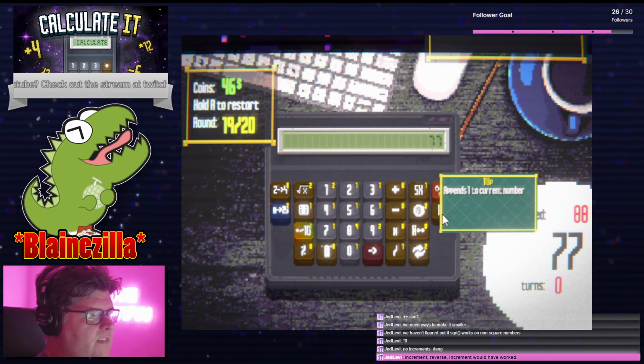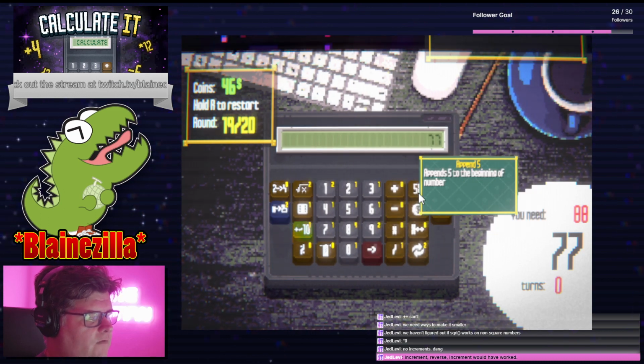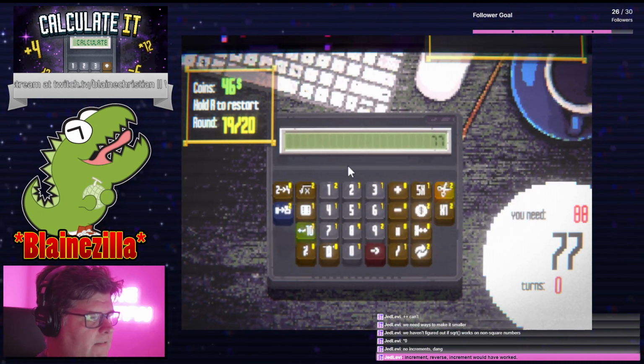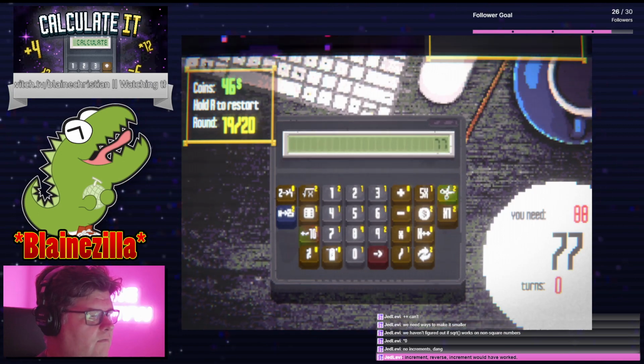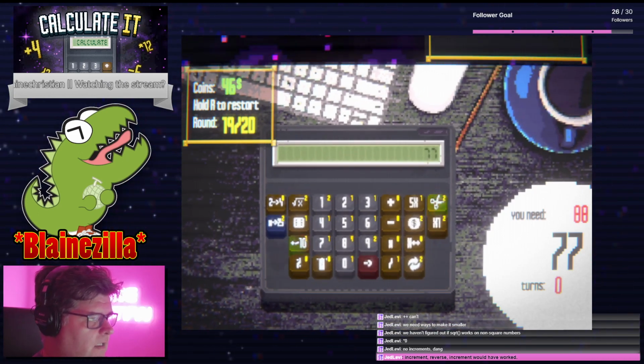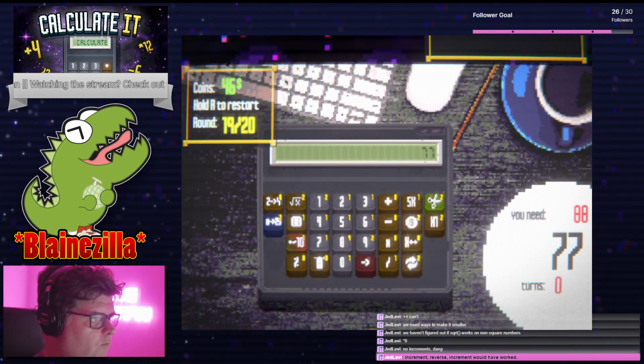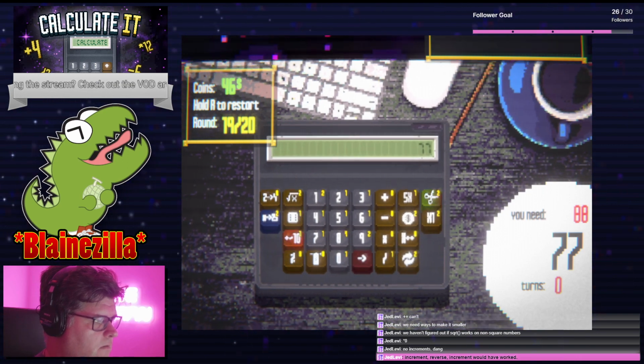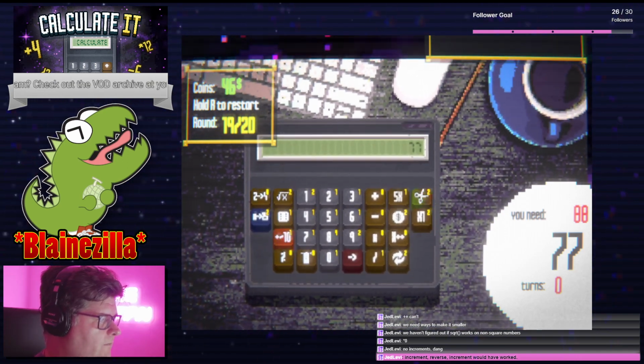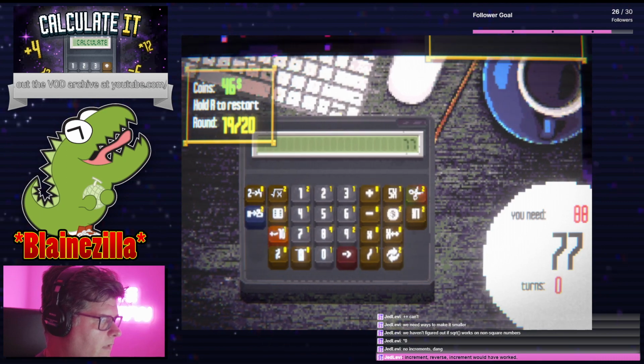Making it 177 doesn't help us. Getting 577 doesn't help us, because 88 doesn't go into 577. We really only have the one divisor, the one solidus, the vertilis, or I lose track of which one it is. We only have the one.